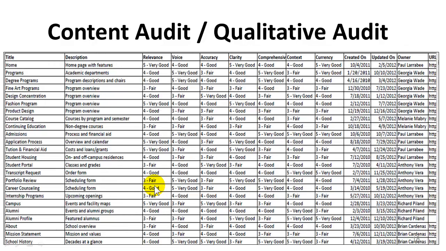Here again is another example of a content audit where we have some more fields. Here again, it's the content audit of a website. The different pages, description, some ratings, when it was created, when it was last updated, and who essentially is responsible for that, and then the URL.